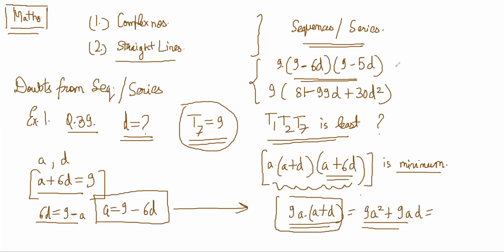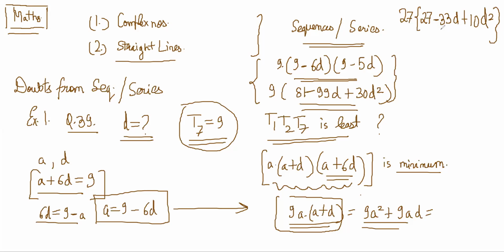This expression has to take a minimum value, so there will be some value of D for which it will be minimum. I will first take 3 common, so it will be 27 into 27 minus 33D plus 10D square.